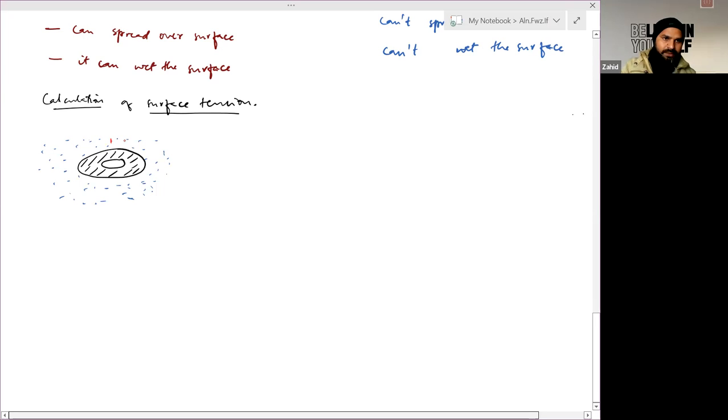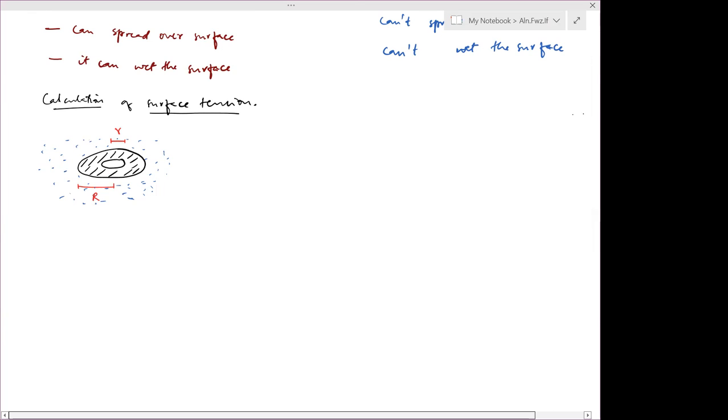The radius of this inner surface is small r, and the radius of the outer surface from this point to this point is capital R. So if you want to uplift this particular disk from the surface, first you need force equal to the weight of this disk. Is it clear? Yes, sir.